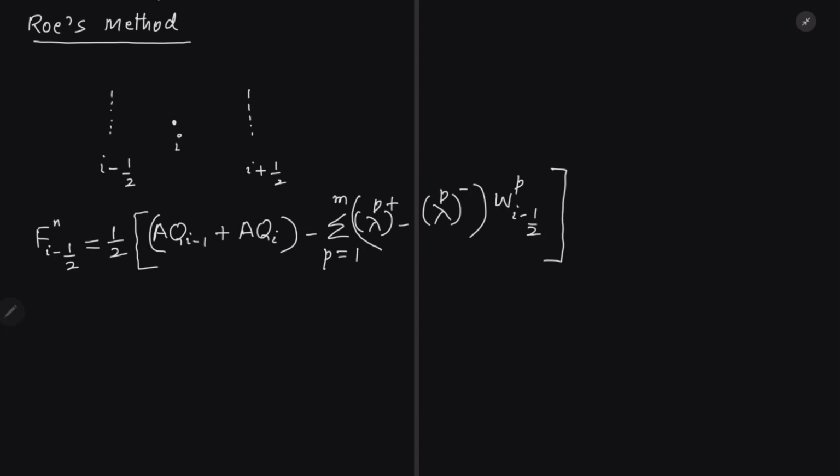This is the flux that we will use for Roe's method.